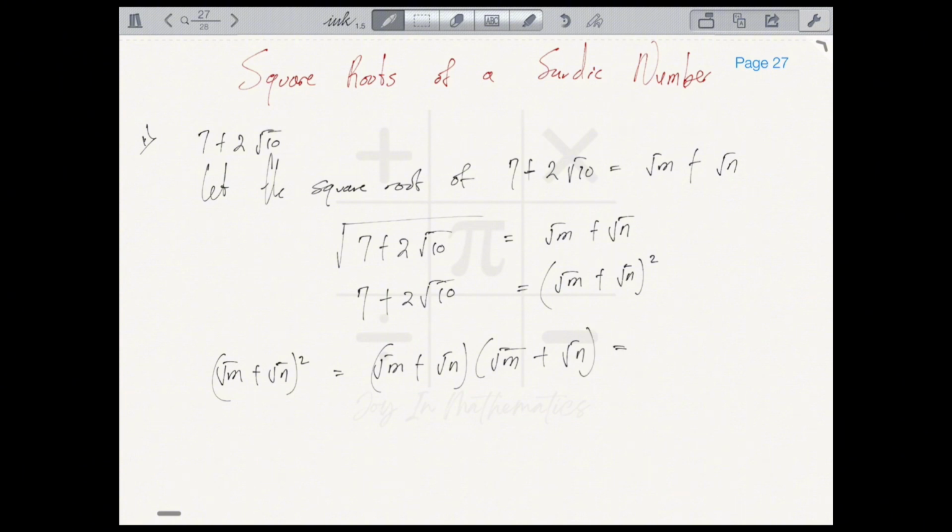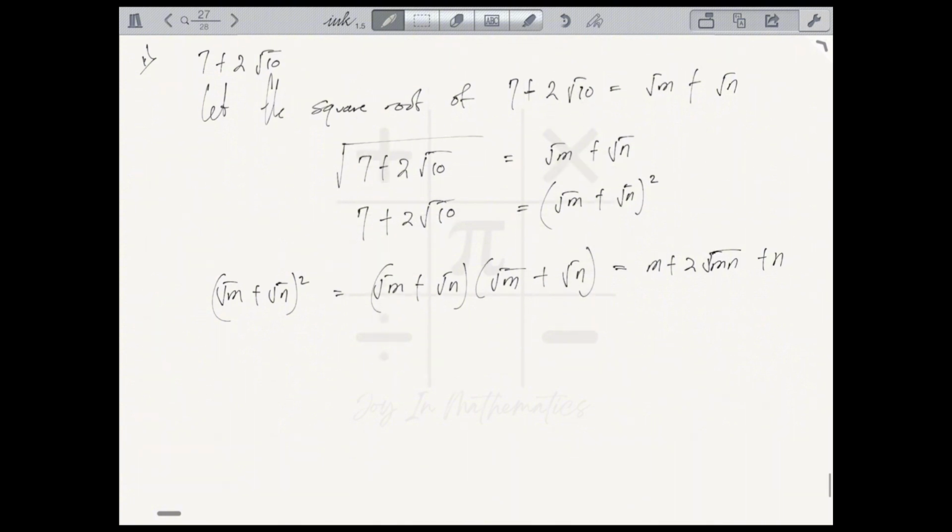And if we perform our algebraic expansion here, it will give us m plus 2 root mn plus n. Therefore, we can say 7 plus 2 root 10 is equal to m plus 2 root mn plus n.